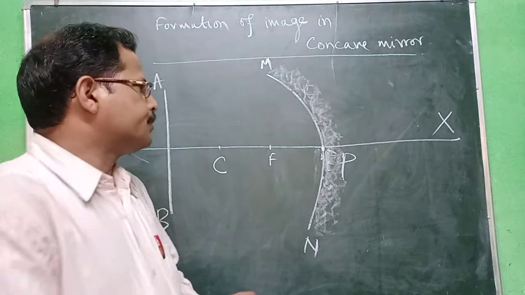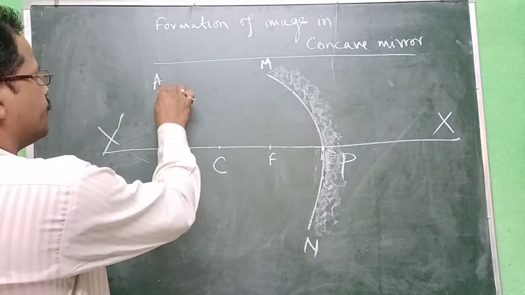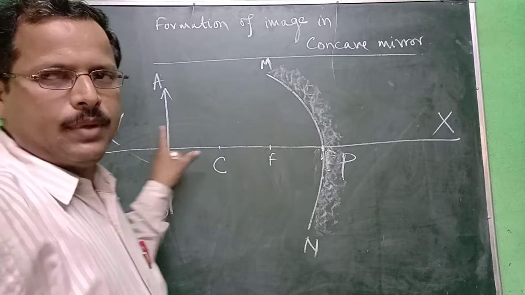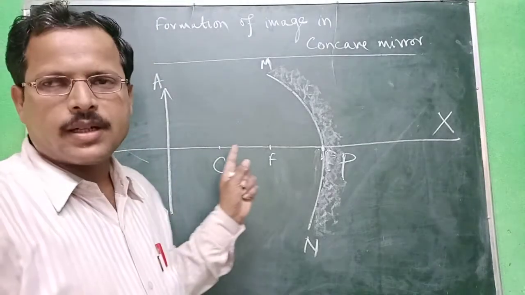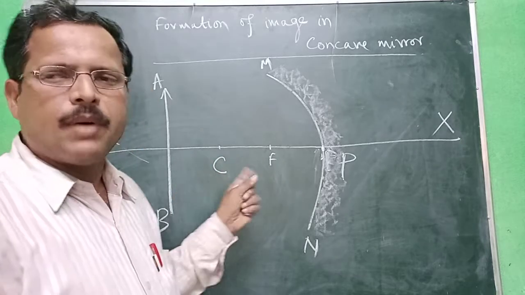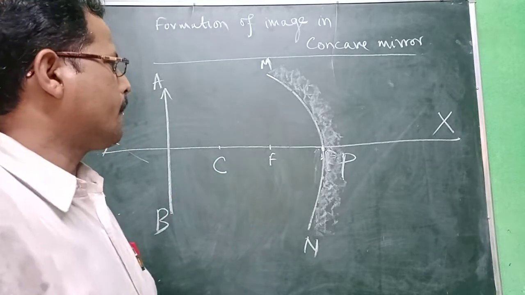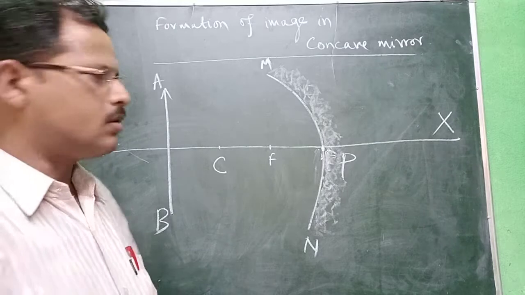So suppose AB is the object here and it is placed at infinity. That means it is far away from the mirror, away from the center of curvature also.